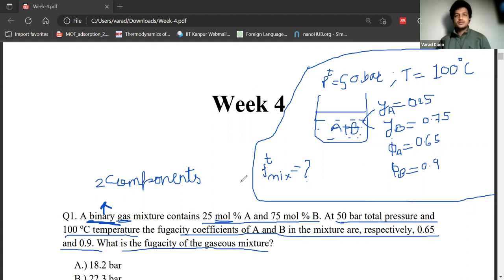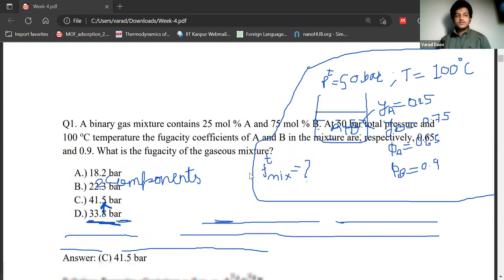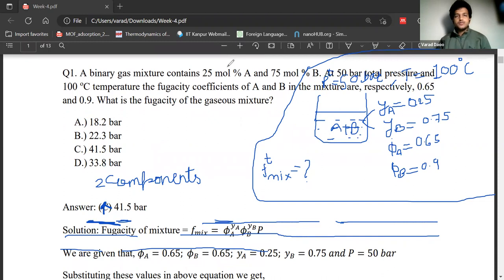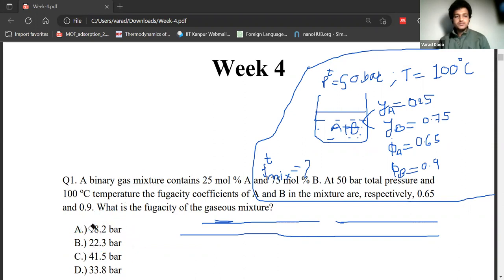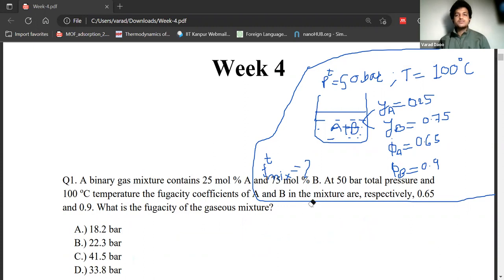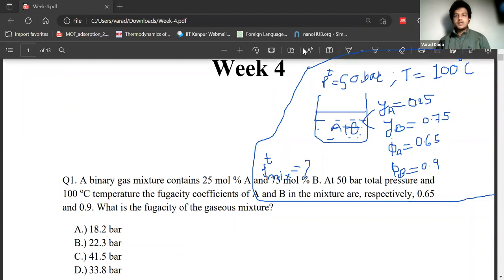So let us discuss this. The options are 18.2 bar, 22.3 bar, 41.5 bar, and 33.8 bar. Anybody got any answer?